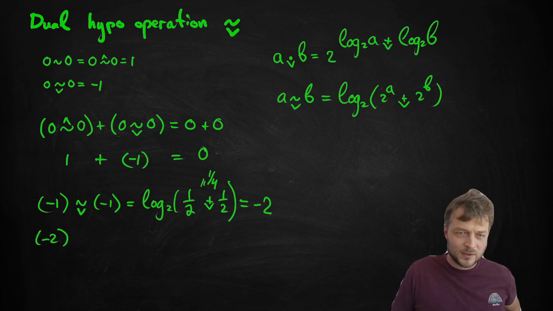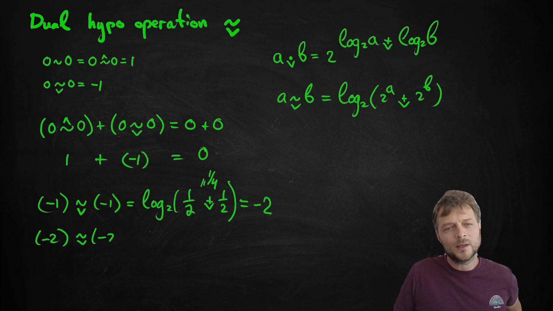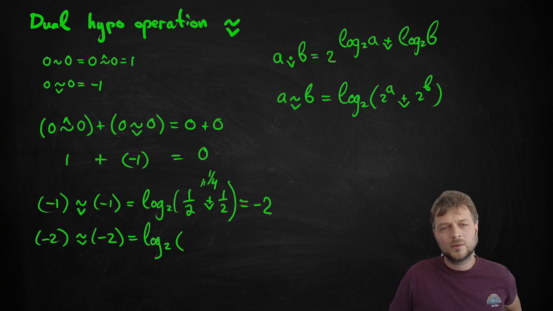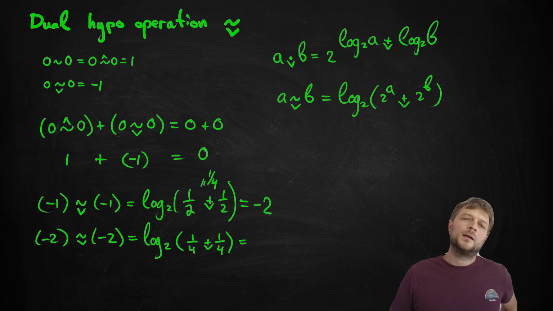Let's say minus 2 tilde dual minus 2 equals log base 2 of 1/4 plus 1/4. It's 1/8 here, so it will be minus 3.